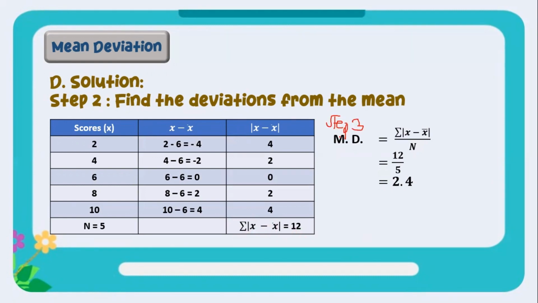This is now step 3, solving for the mean deviation. We substitute the summation from the table, and our N is 5. So 12 divided by 5 is equal to 2.4. That is our mean deviation.